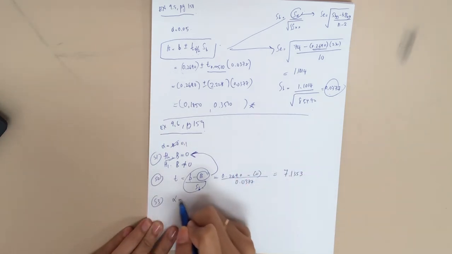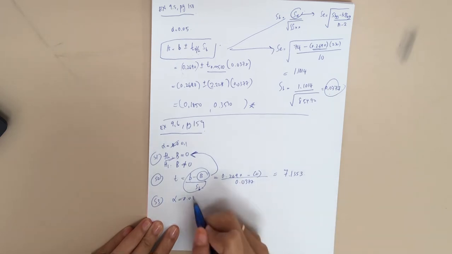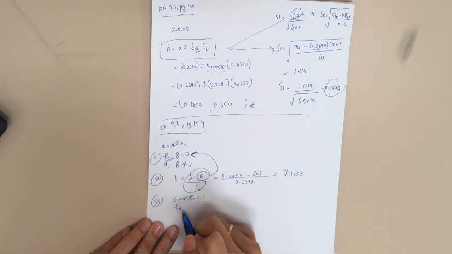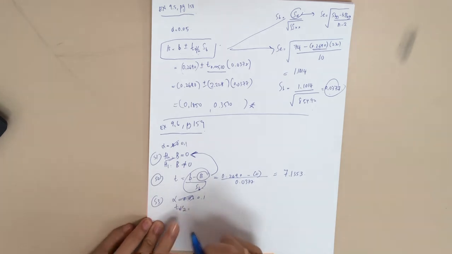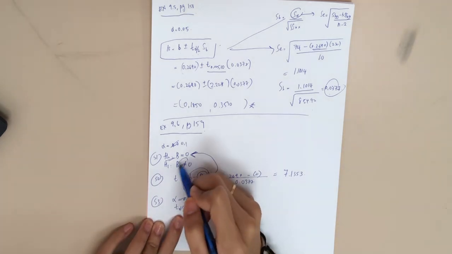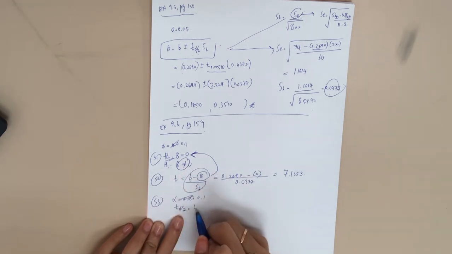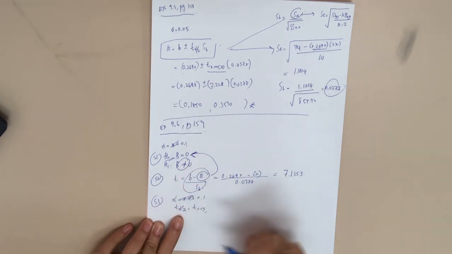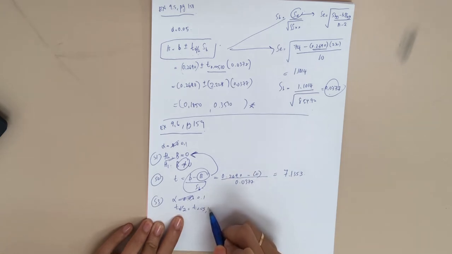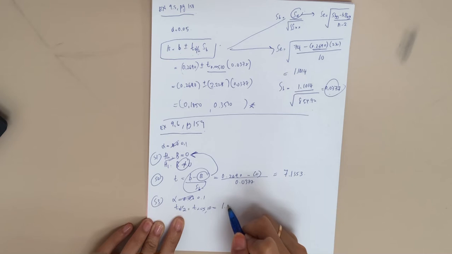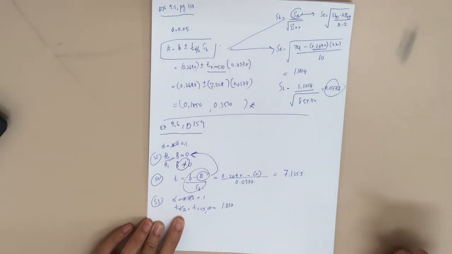Okay, step number 3. Just now your alpha is 0.1. Therefore, what is your T? Alpha over 2. Okay, class, T alpha over 2. Why over 2? Because this is two-sided. So T 0.05, and the degree of freedom just now is equal to 10. By referring to the table T, you should get 1.812.